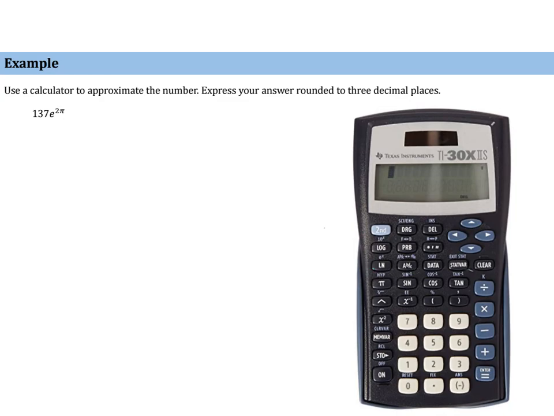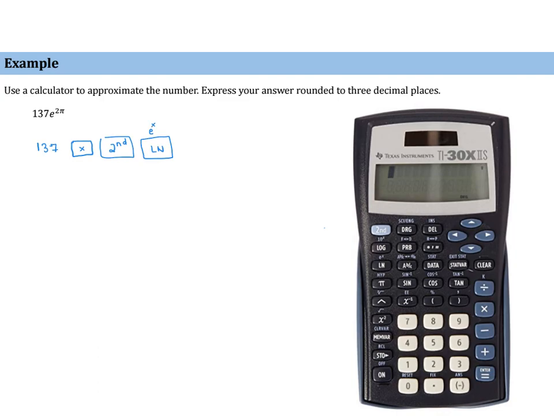So in our calculator, we will type 137. Then we will press, and I'll make this a box so that you can tell it's a key, times. Then we're going to press second. Then we have the ln key, and the ln key has our e to the x above it.